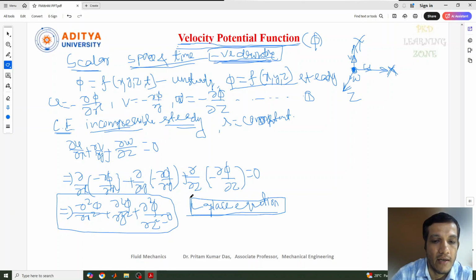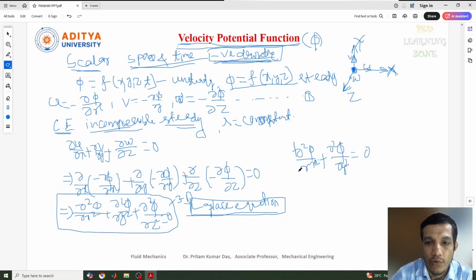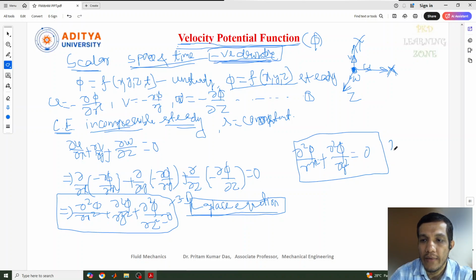Now this is the Laplace equation for three dimensions. If you consider two-dimensional flow, then obviously this part will not be there. For two dimensions we can write del square phi by del x square plus del square phi by del y square equal to 0. So this is the Laplace equation for two-dimensional flow.